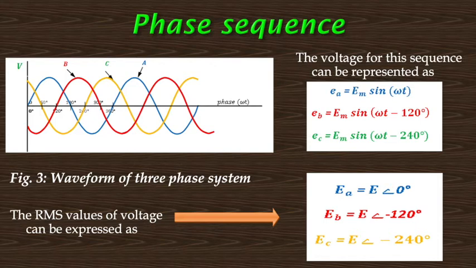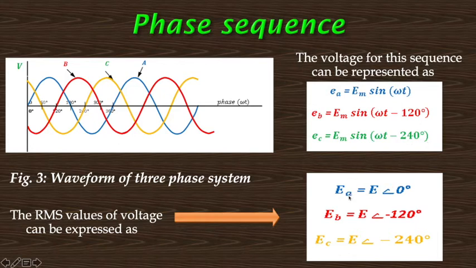The sinusoidal waves for a three-phase system are shown in the figure. The voltages for this sequence can be represented as EA equal to EM sin omega t, EB equal to EM sin(omega t minus 120 degrees), and EC equal to EM sin(omega t minus 240 degrees).